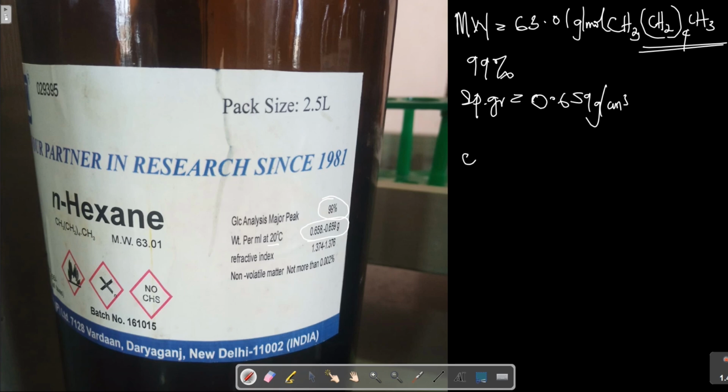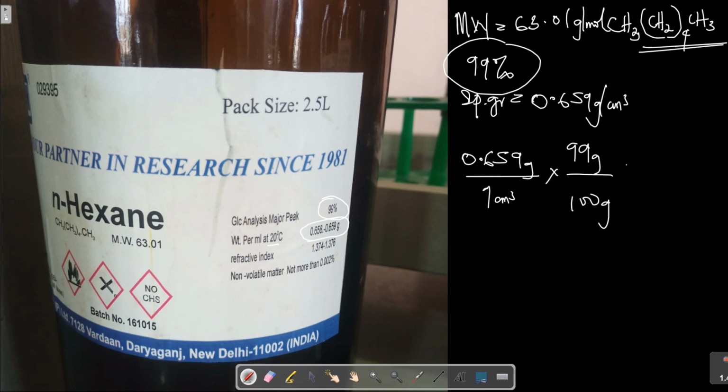So as usual, you multiply this specific gravity in grams per cm cube with the percent concentration, which is 99 grams over 100 grams. Once you do this, you have 65.241 grams over 100 cm cube.